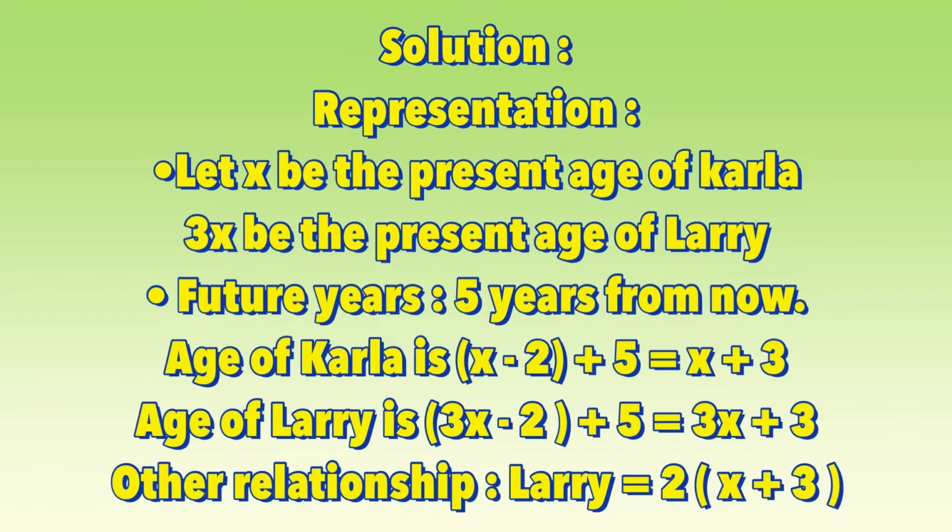Okay, the other relationship we have to consider from the problem is that Larry is double the age of Carla. So therefore, in our equation, Larry equals 2 times the sum of x plus 3, which is the age of Carla.